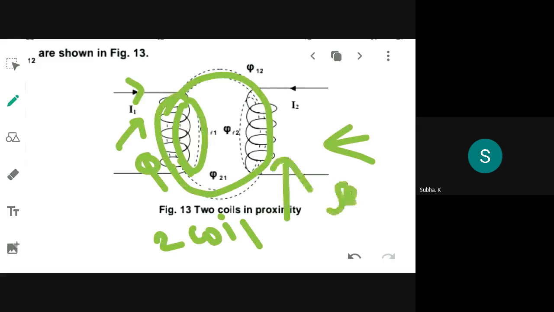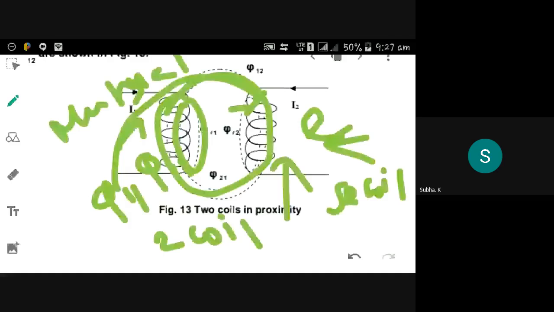Because of this phi 11 linking with the secondary coil, you will have some EMF induced here. That EMF is called what EMF? Mutually induced EMF. And based upon that, you will have the M factor. M represents what? Mutual inductance. Similarly, because of the current I2, some flux is produced.